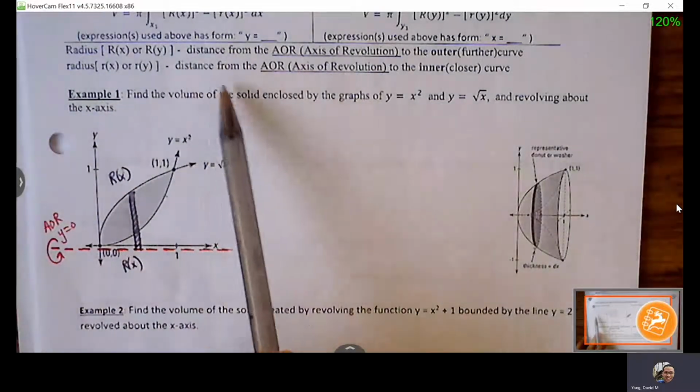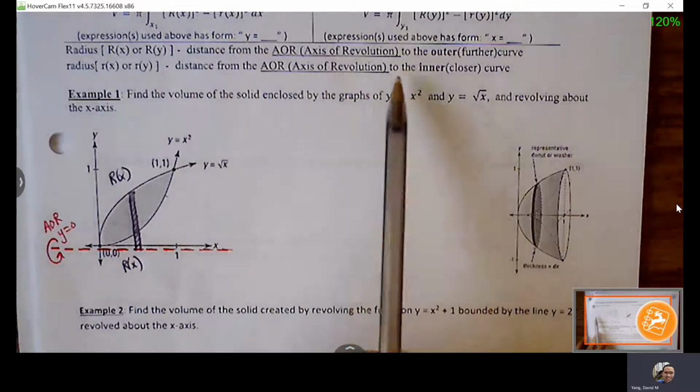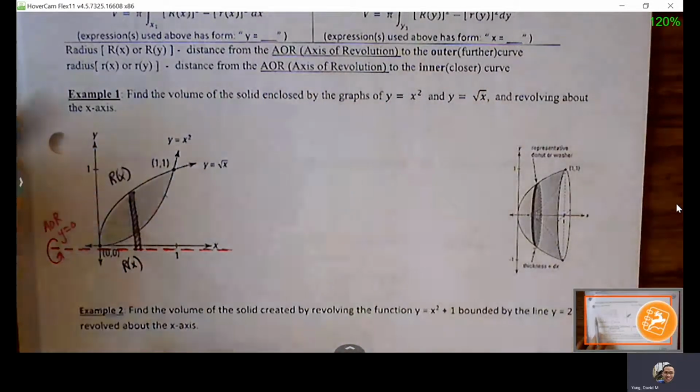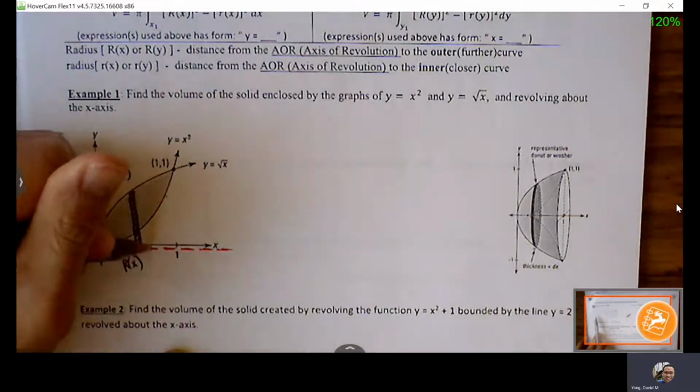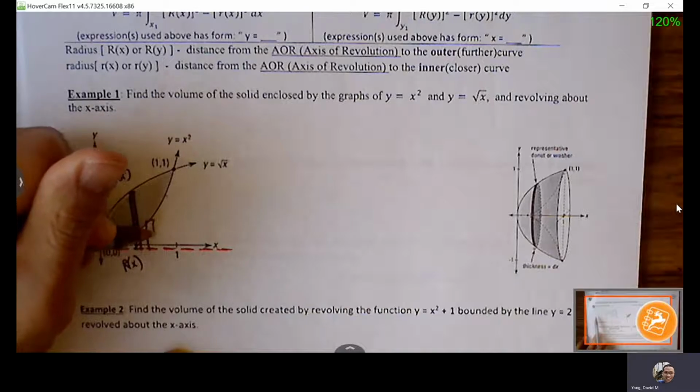Little radius is the distance from the axis of revolution to the inner or closer curve. So start your pen or pencil on the axis and extend to the closer curve.